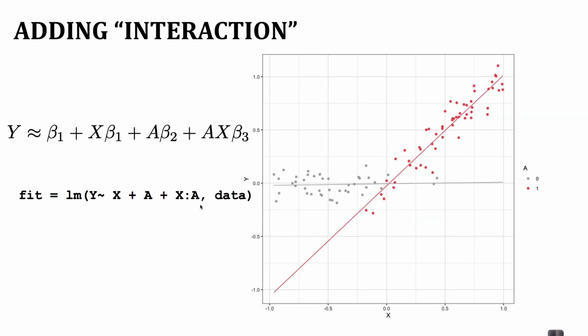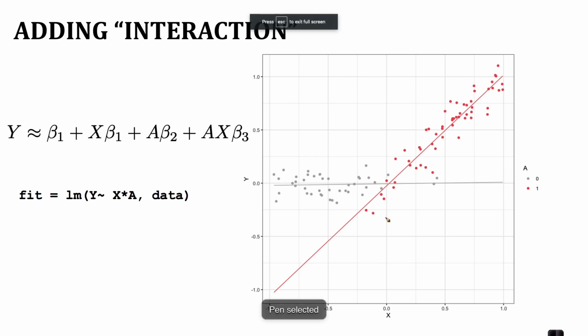So here, now my model is this. So now I have a times x, beta 3. The reason this allows for two different slopes is, say a equals 1.